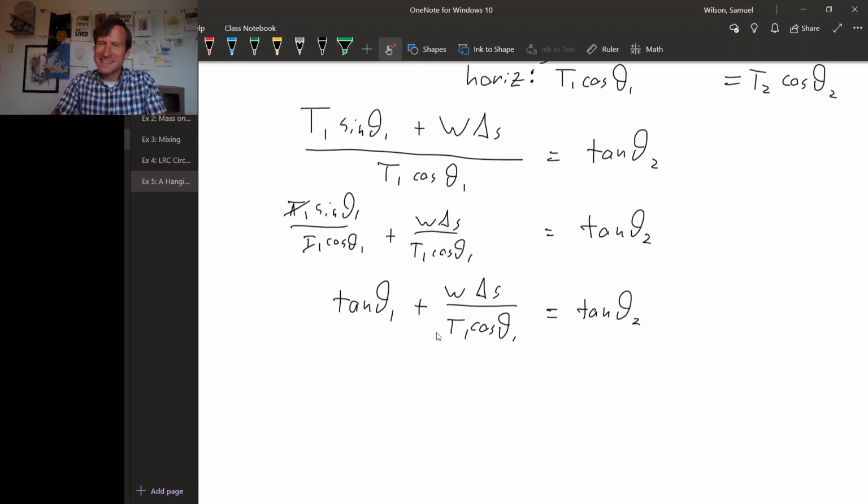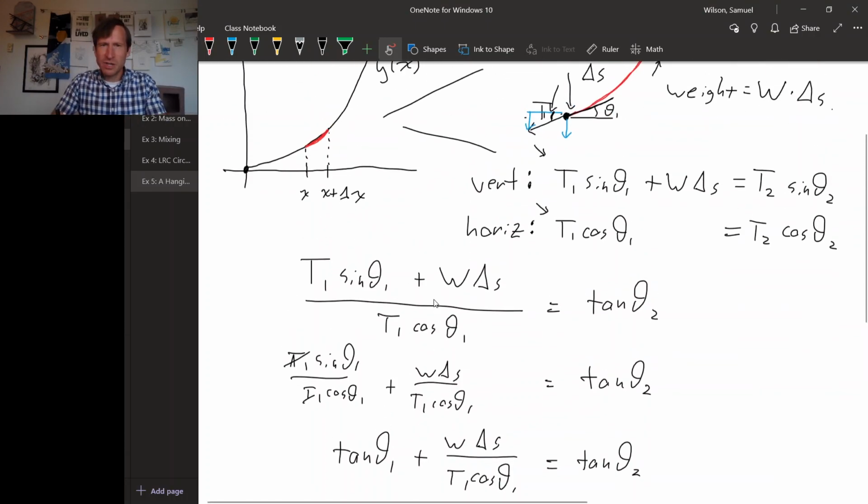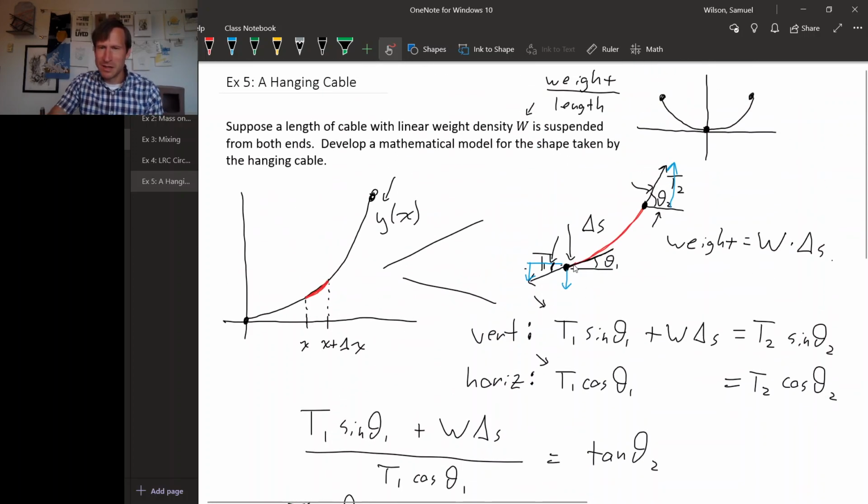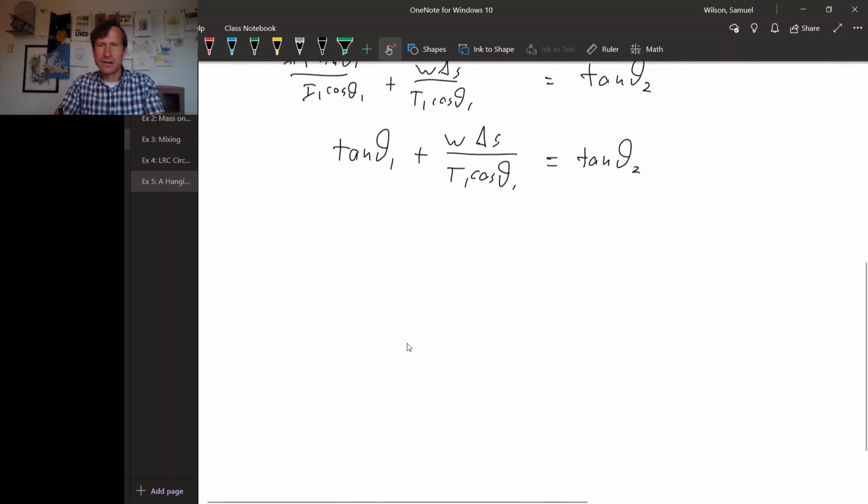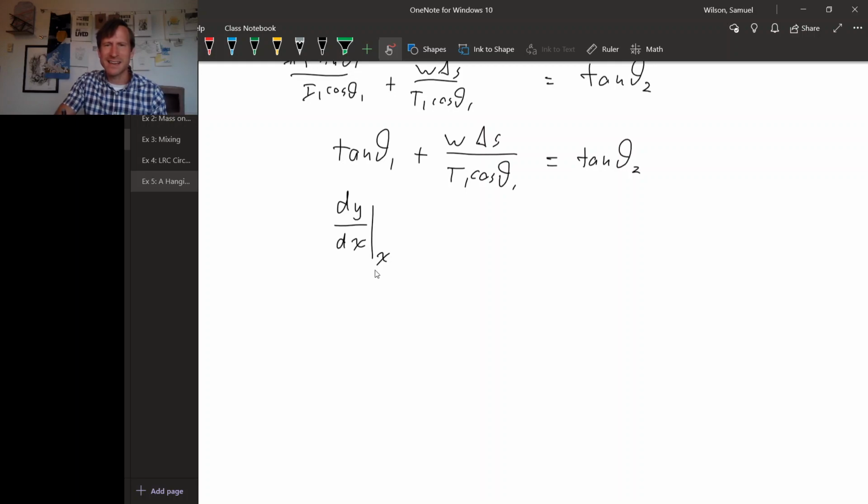Okay, but hold on, we had these tangents because the tangent of an angle gives you a slope. And if we look back up at our diagram, the tangent of theta 1 is the slope of this line here, but that's the tangent slope at this x position. So this tangent theta 1 is the derivative of y with respect to x evaluated at x.